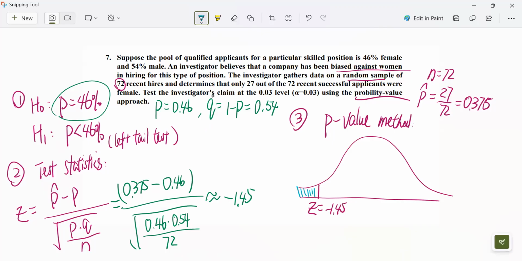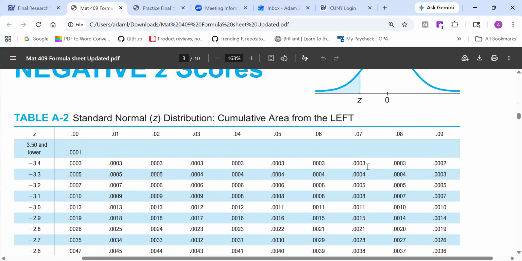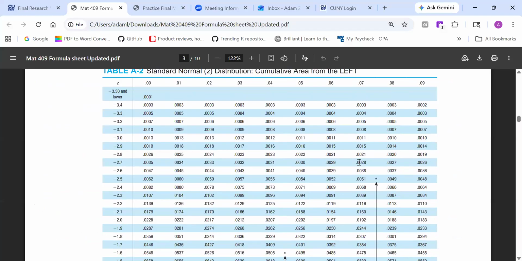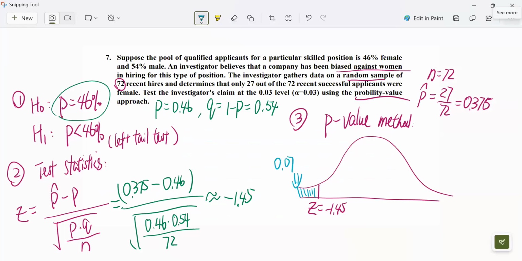Based on the z-score, you go back to table A2, look for -1.45. And the area to the left is 0.0735, right here. So this area here is 0.0735, and that's what we call a p-value.